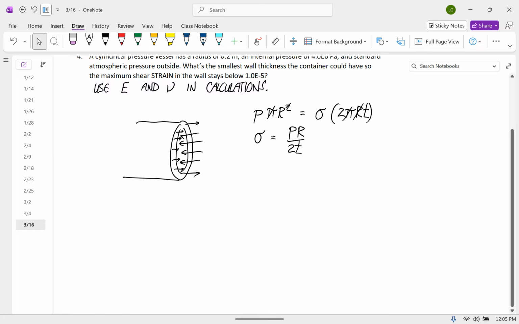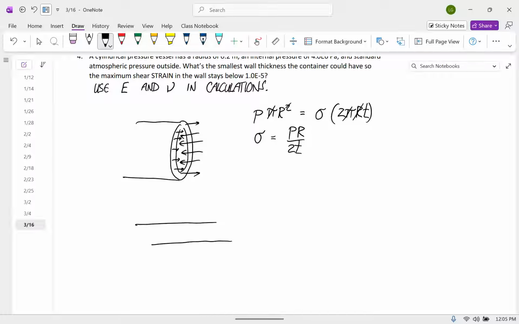And then for the other one, we have something like this. And the sigma is stress, right? Yes. Okay, so this time we have the pressure like this, counteracted by stress in the walls like this.